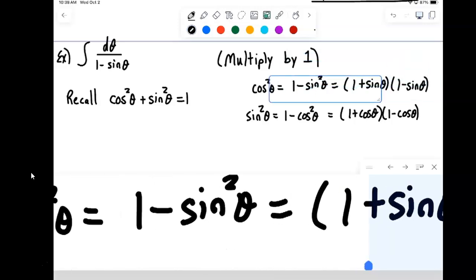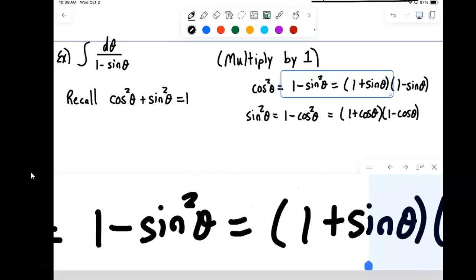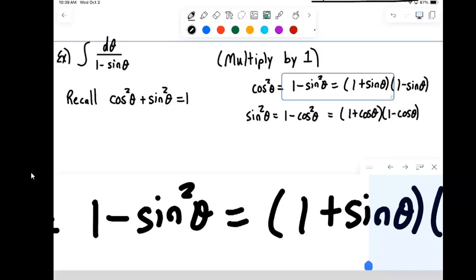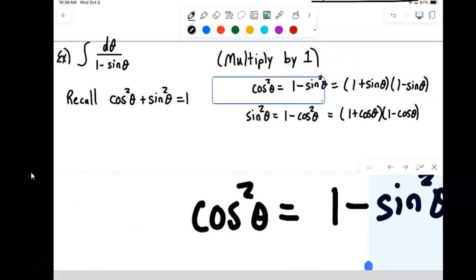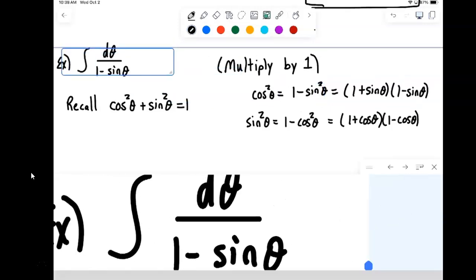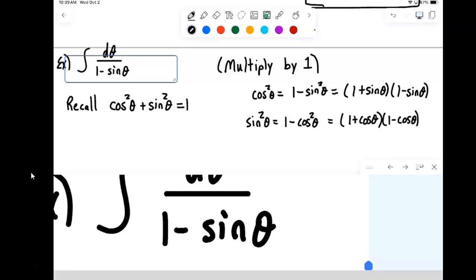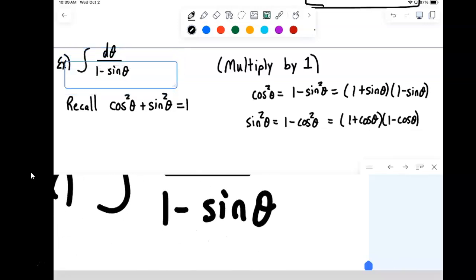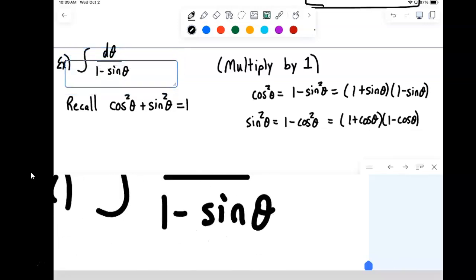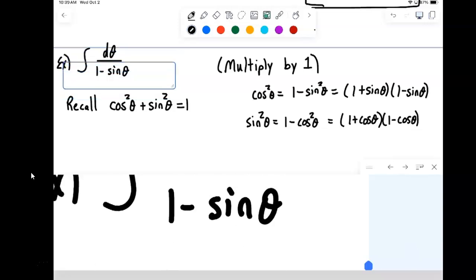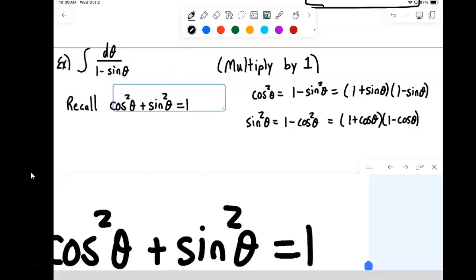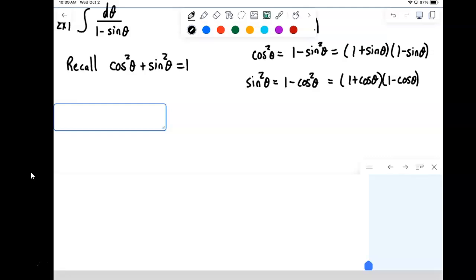And in trig, that allowed us with our trig identities to translate from an identity involving sine or cosine over to one that involves the other function. So that's what we're going to do here: multiply both top and bottom, but specifically the bottom, to make it a difference of squares. Okay, so that's what we're going to do.